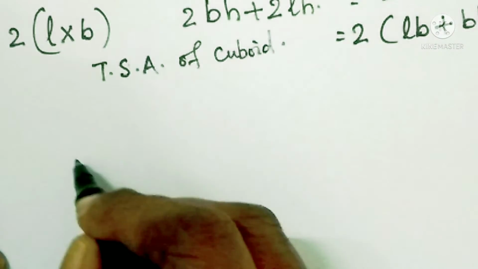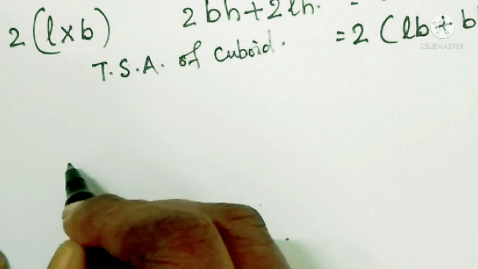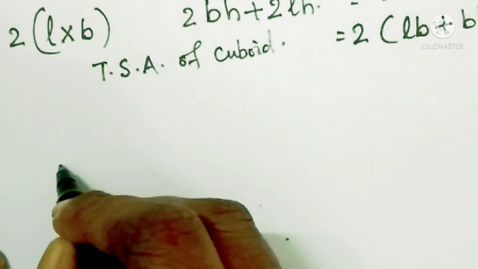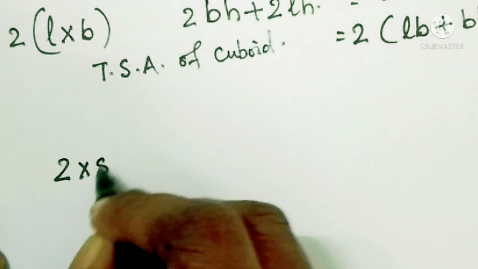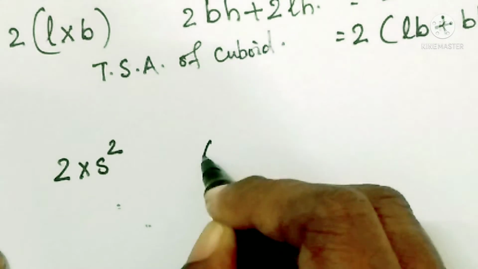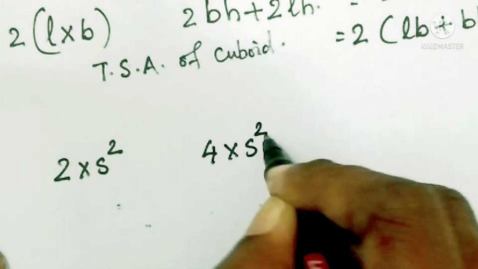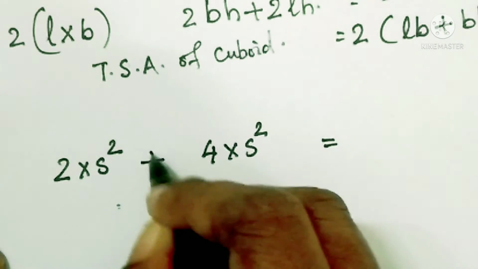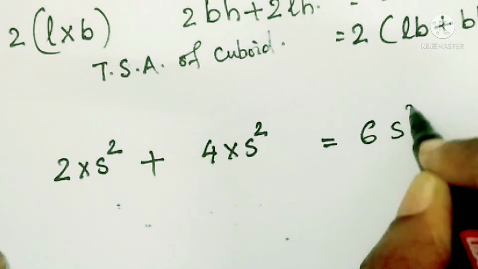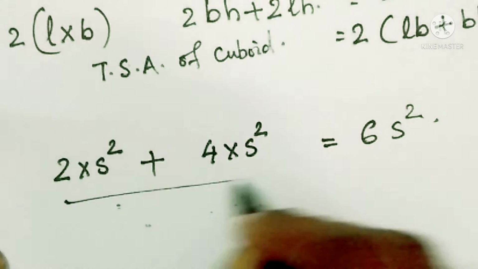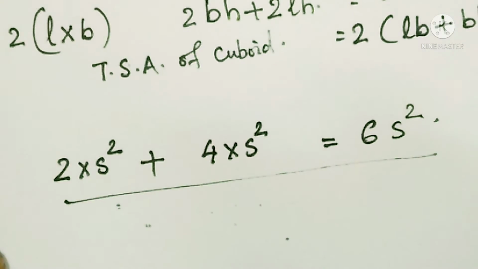If you consider the base as a square, it is 2 into side square, and the other sides 4 into side square. So the total will be 2 plus 4, 6 into side square. This is the total surface area of a cube.